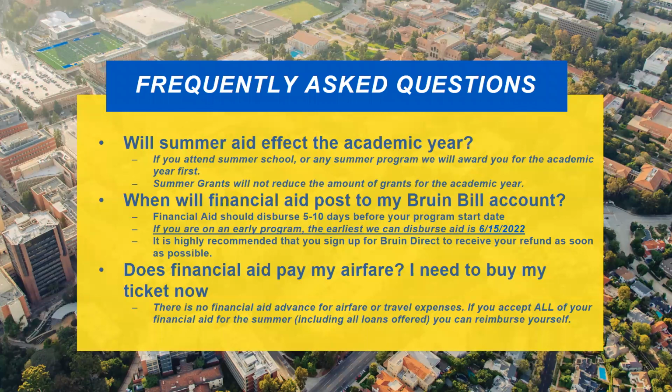So, if you accept full financial aid, all that is offered to you, then yes, you will be reimbursed for the airfare. But you're not going to get it up front, and you're not going to get it more than 10 days prior to the beginning of the term.